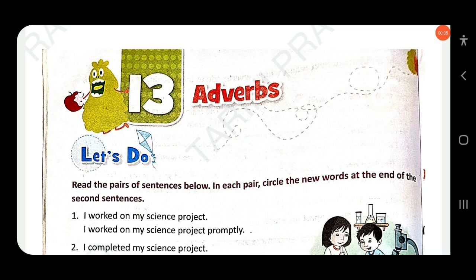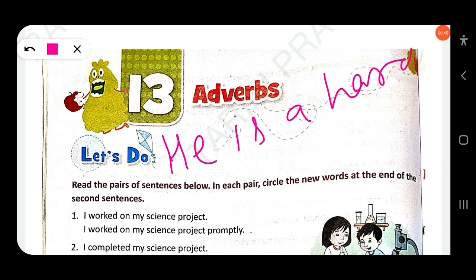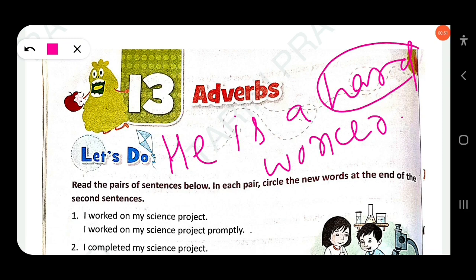Take an example. He is a hard worker. Here, hard is a describing word. Describing means an adjective that tells more about a noun or pronoun in a sentence.